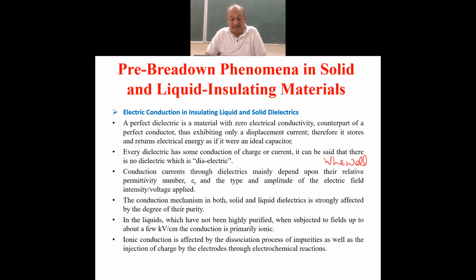So the dissociation process of impurities, as well as the injection of charge by the electrodes through electrochemical reactions. There may be electrochemical reactions taking place within the dielectric, and they will also determine the ionic conduction currents.